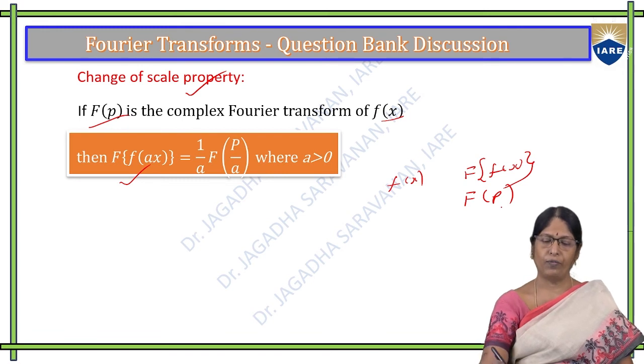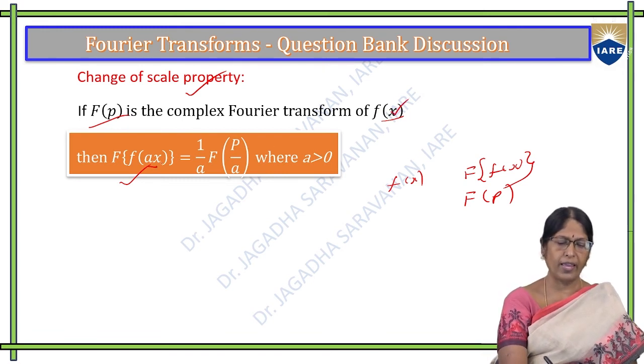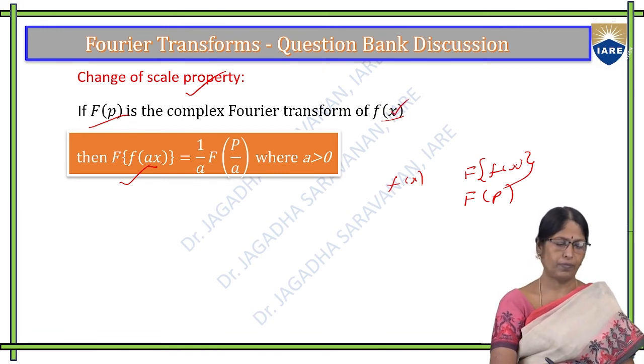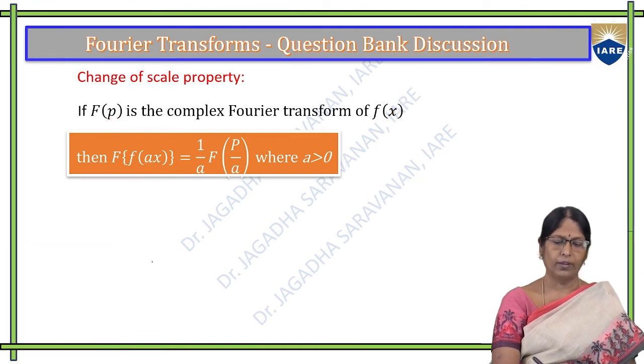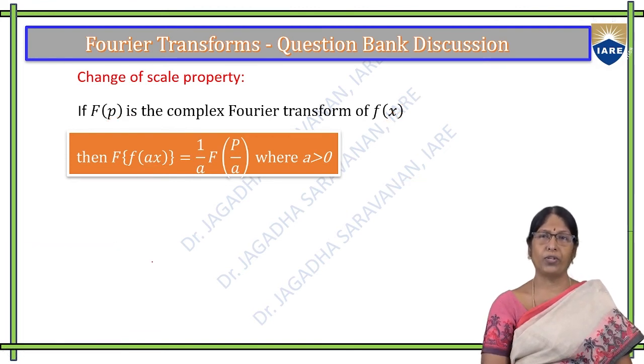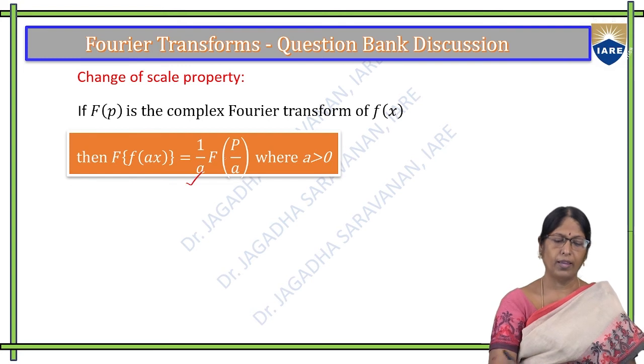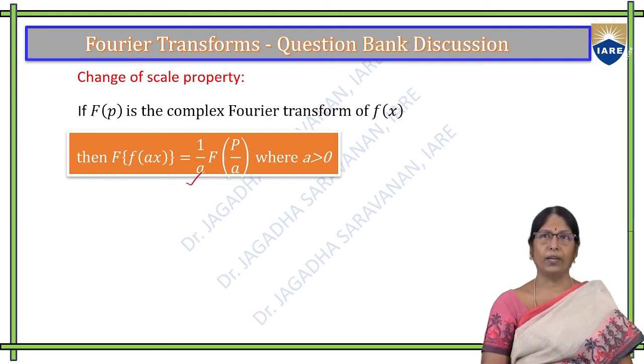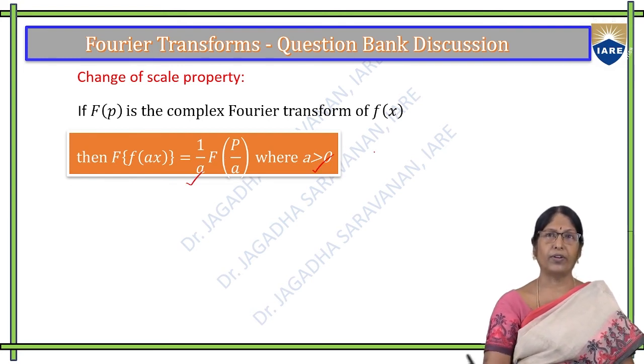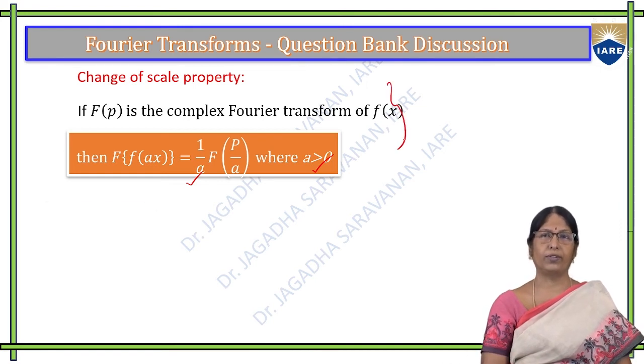But if instead of x it is ax, then the change of scale property is 1 by a times capital F of p by a, where a is greater than 0. This is our change of scale property statement.